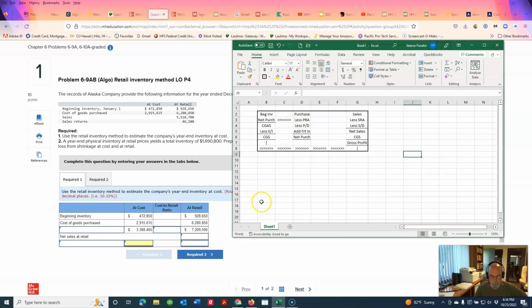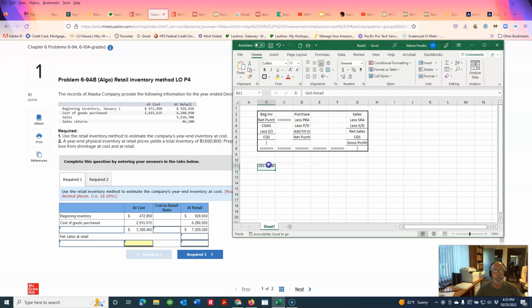Going back to our textbook page 236, Appendix 6B, under retail inventory method, we have a three-step process. The first step is to start with goods available for sale, but not at cost. We want goods available for sale at retail.